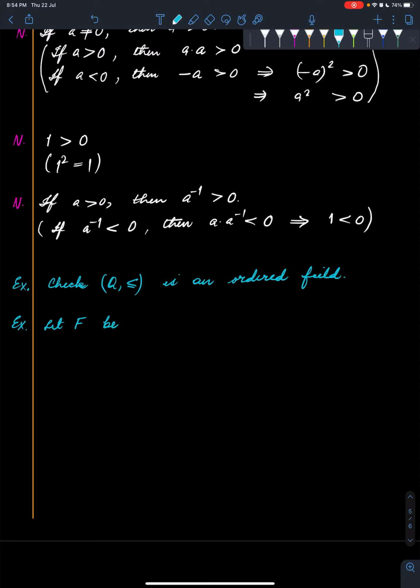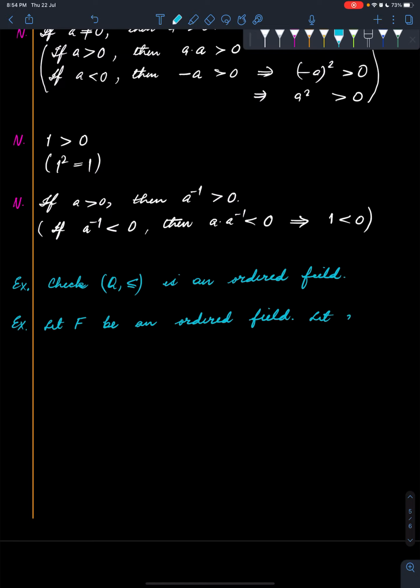Now again, when I say f is an ordered field, there is an addition, there's a multiplication, and there's an ordering. So let f be an ordered field. I'm suppressing all those notations. I mean this is a field and this is an ordered field, but all of that I'm suppressing, and everybody does that.